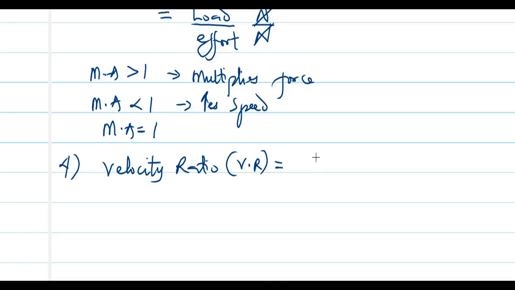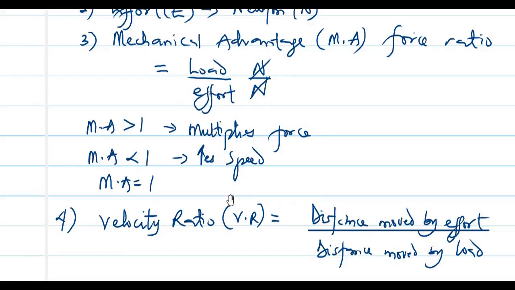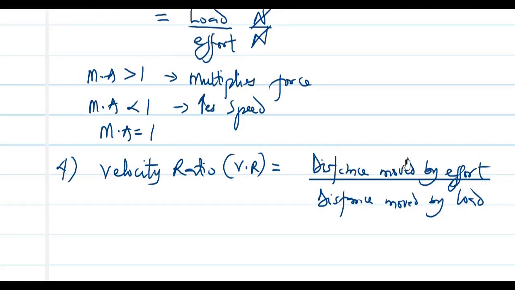This is the ratio of the distance moved by effort, distance moved by effort all over distance moved by load. So for MA it is load over effort. For VR it is distance moved by effort over distance moved by load.